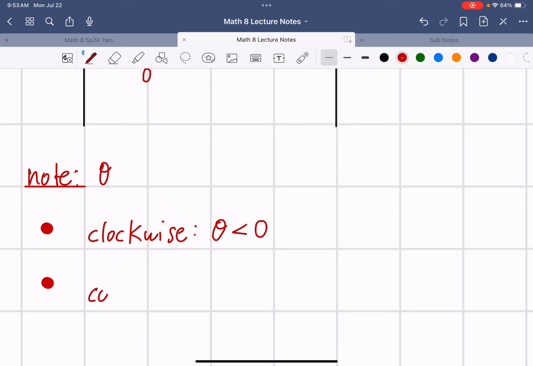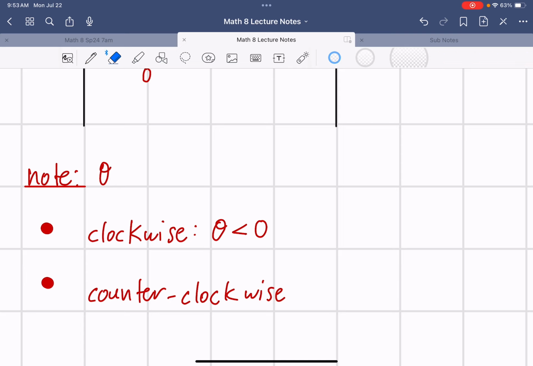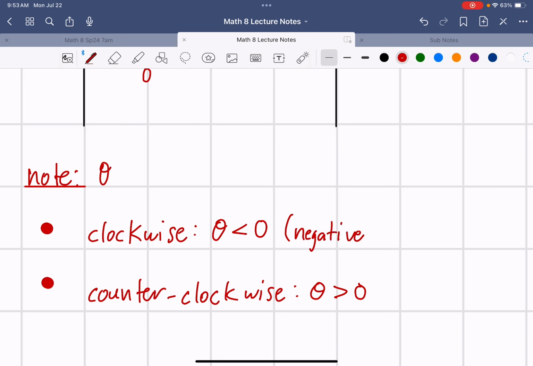When we go in the counterclockwise direction, that is when theta is positive, right? So in other words, negative, positive. The same concept still applies here, how positive and negative works for clockwise and counterclockwise.